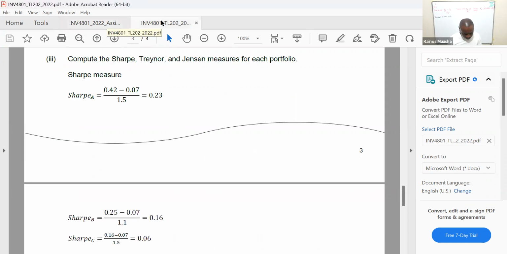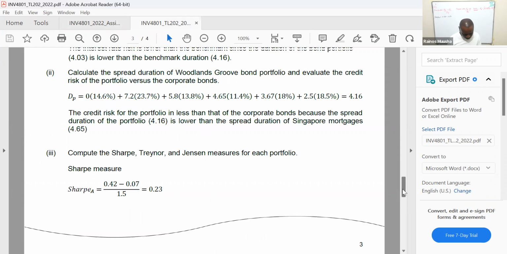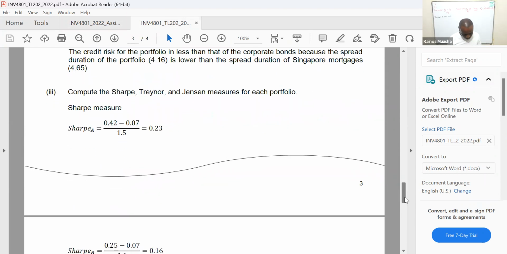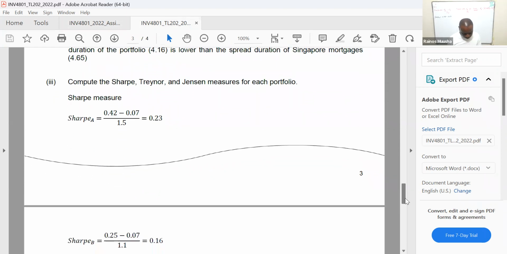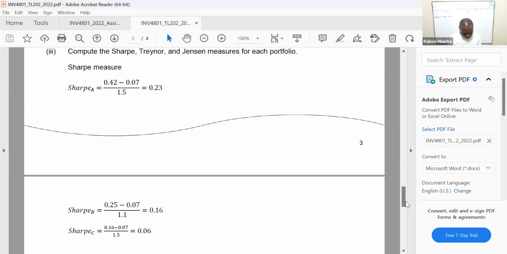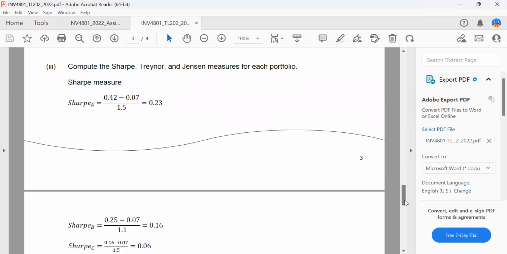If you check on the lecturer's memo, they're giving us 1.5. So what I saw is that I think the lecturer did the square root of 0.0225 and then multiplied by 100, because the square root of 0.0225 is 0.15.